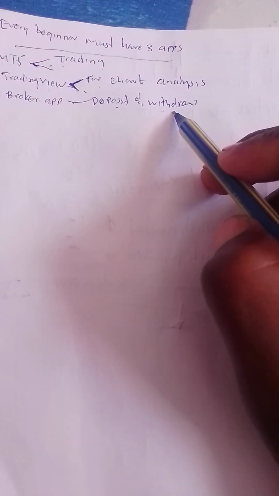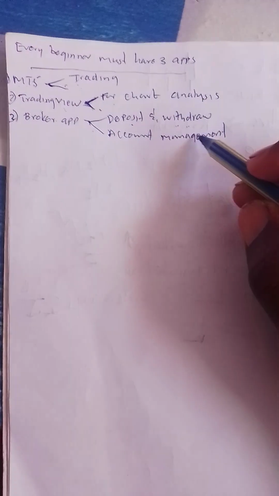Okay, you also need a broker app. A broker app inakusaidiaga to deposit and withdraw. Hii huwa inakusaidia ku deposit pesa zako ama ku withdraw. Okay, it is also for account management, na ndio bado inakusaidiaga kulink na MetaTrader 5.